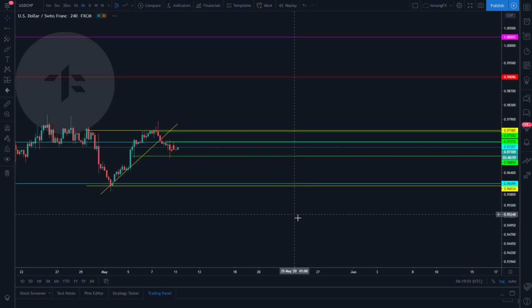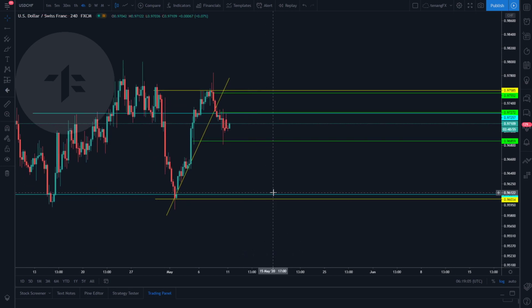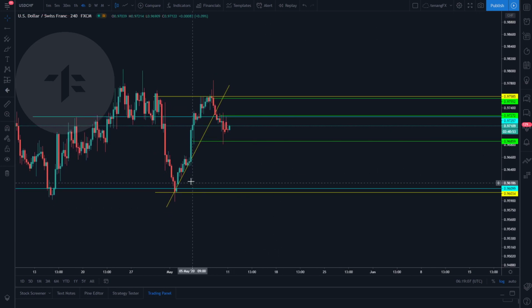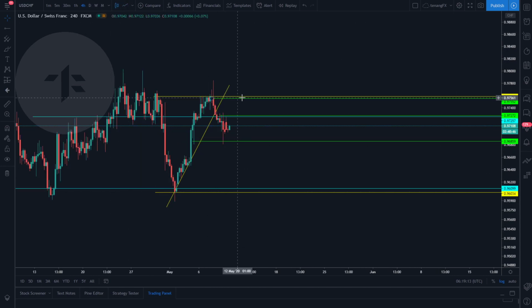So let's take a look at H4. On H4 we can see the H4 trendline has broken. So we have an H1 resistance here, and another H1 resistance here, in confluence with our weekly level.